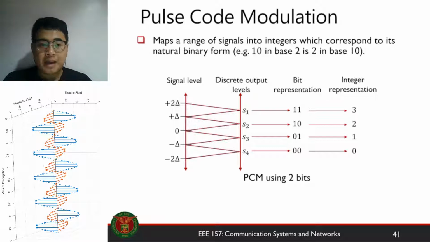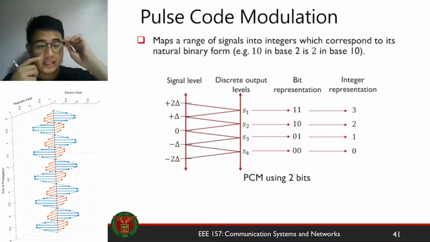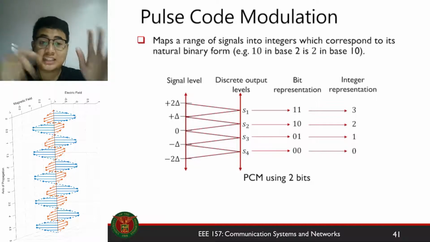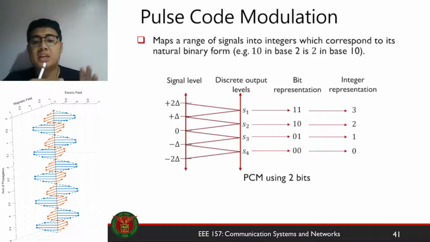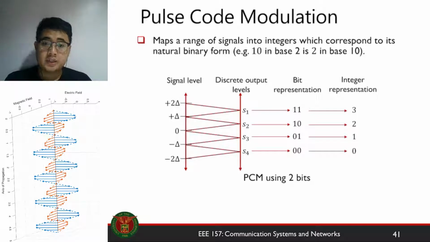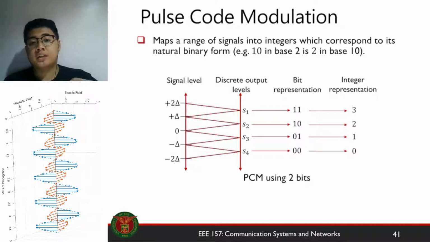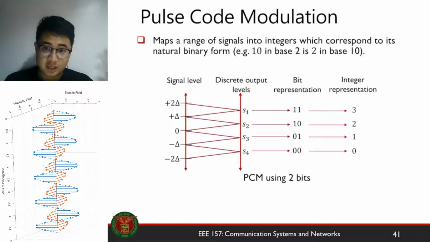Okay, so the pulse code modulation, you have seen this already. It's going to map your bit representation based on the lowest level and the highest level. So it's just a natural mapping between your signal level to its integer representation. Okay, so an example is shown here where you have only 2 bits of quantization power. Okay, you have four signal levels from S4 to S1.